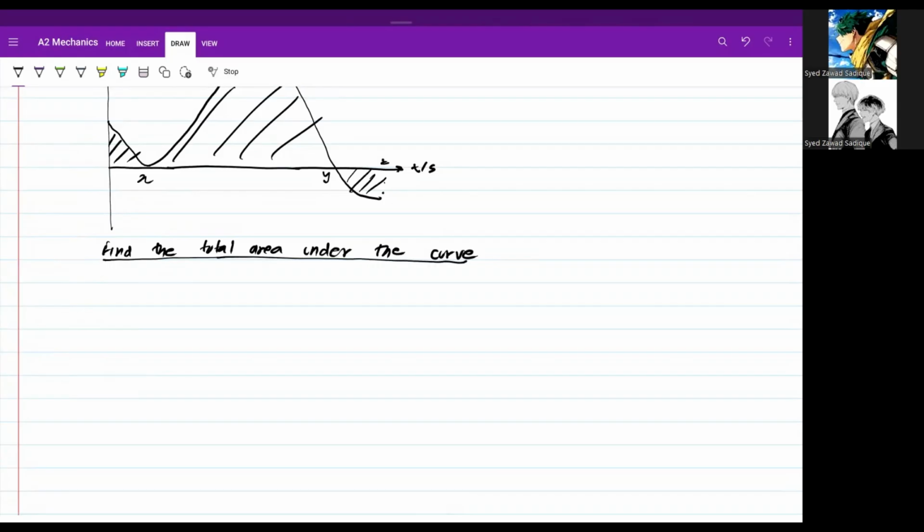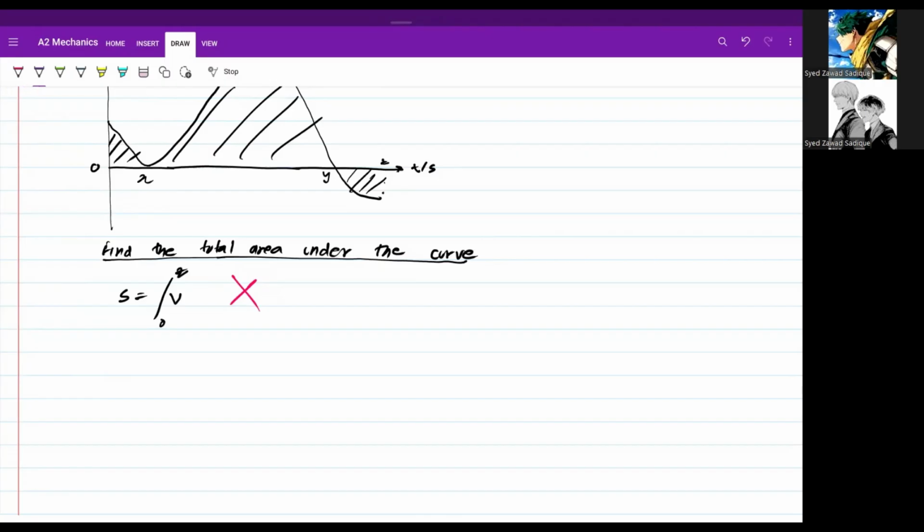This is how you have to do it. You can't just say integration of velocity from 0 to Z. It doesn't work like that. It is dead wrong.